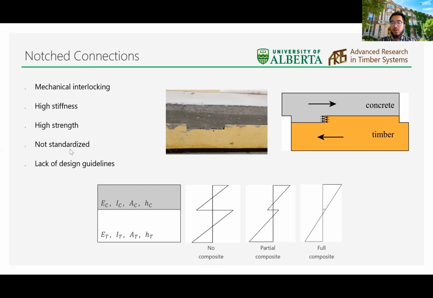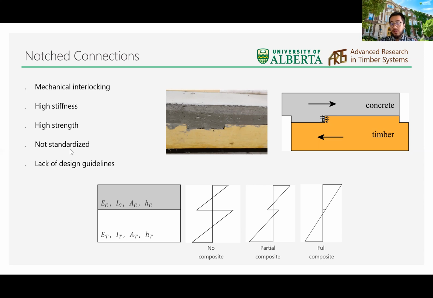The notched connections also have high stiffness and strength, which is beneficial for the floor structural performance. For the dowel-type fasteners, such as self-tapping screws, usually a lot of connections have to be used to achieve a certain composite efficiency in the floor. But for the notches, only several connections are needed to achieve the same level of composite efficiency.